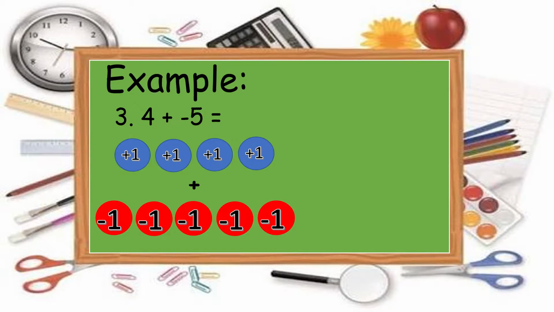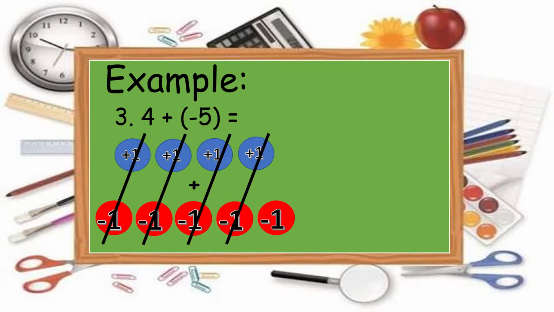Since magkaiba ang kanilang sign, titignan natin kung ilang 0 pairs yung mabubuo natin. Again, ang isang blue disk ay pwede nating ipare sa isang red disk. Kung titignan natin, makakabuo tayo ng 4 na pares. Itong 4 na pares ng blue at ng red disk ay magiging equal to 0 kasi nga sila ay additive inverse.